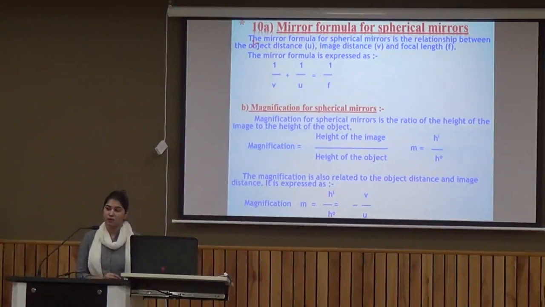That means for magnification we have two formulas. One is in terms of heights: height of the image divided by height of the object. The other is in terms of distances, which is minus v by u, the negative of the image distance divided by the object distance. So these are the two formulas related to magnification.